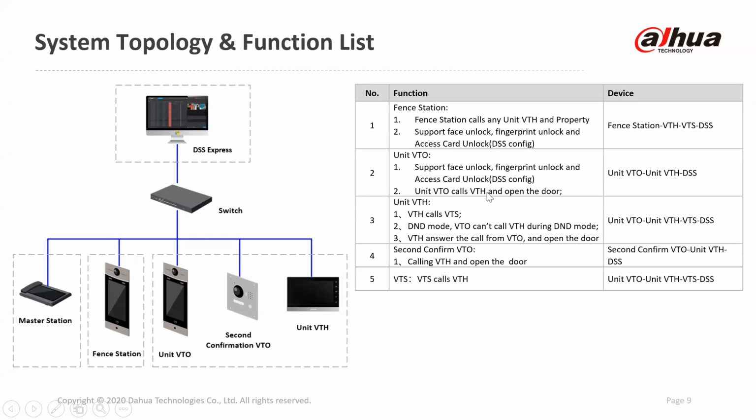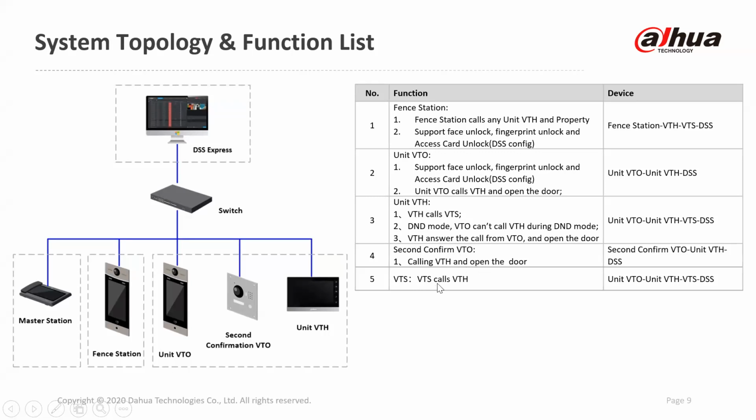The unit VTO calls the VTH and opens the doors. Then the unit VTH calls the VTS. In DND mode, the VTO can't call during the DND mode, the do not disturb. Then the VTH answers the calls from the VTO to open the door. The second confirmation VTO calls the VTH and opens the doors.